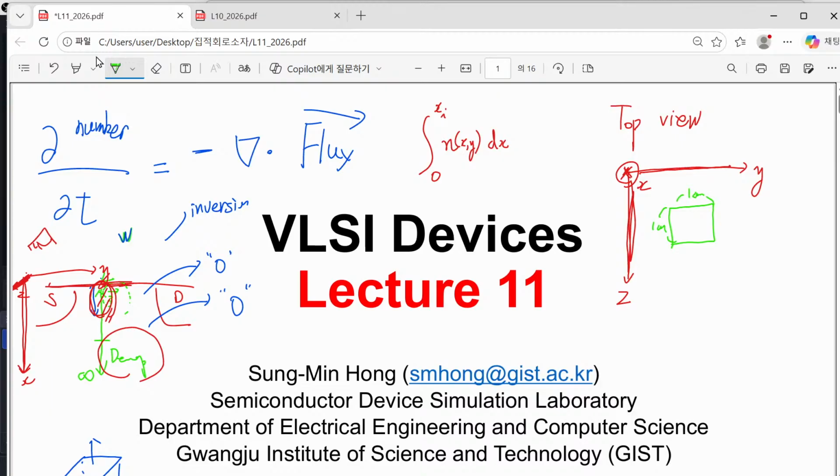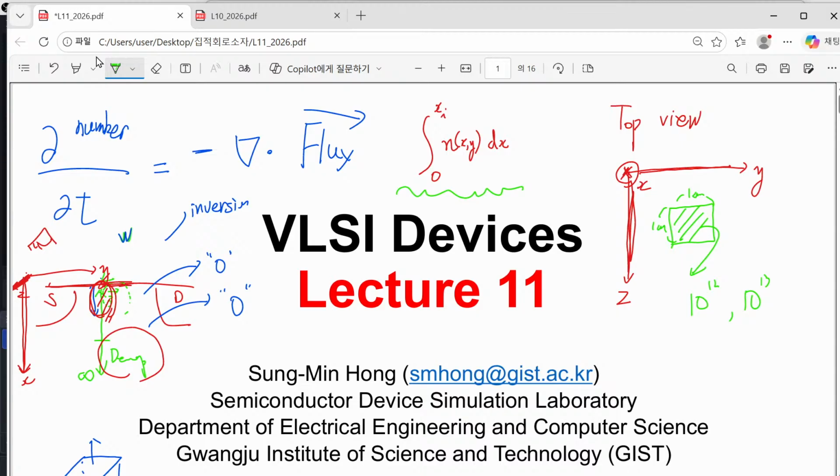If we consider a small square whose size is 1 centimeter by 1 centimeter, then how many electrons are found within this small square? That is corresponding to this integration, and a typical number is 10 to the 12 or 10 to the 13 for the strong inversion case or moderate inversion case.